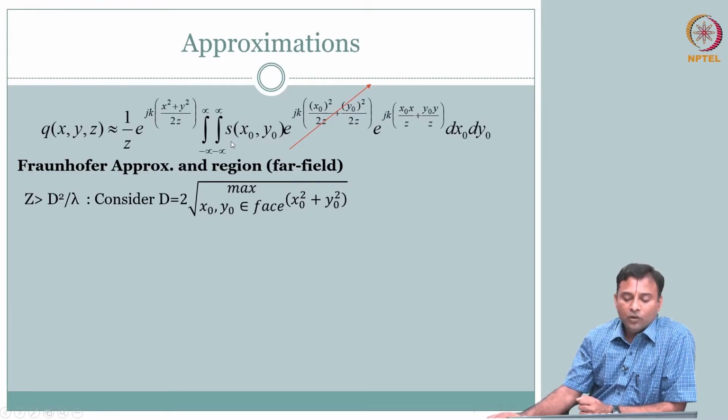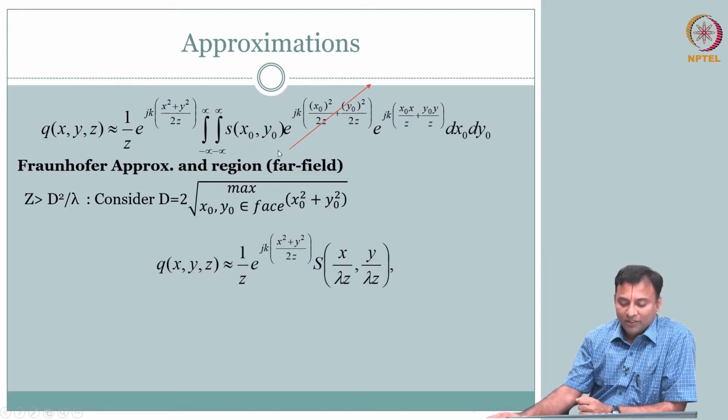What we have done is, f of x comma y, exponential of j 2 pi of ux plus vy, dx dy. What was that? Your Fourier transform, the 2D Fourier transform. So this is nothing but a 2D Fourier transform of this guy. Fantastic, right? So what you have here is 1 by z, this term times this whole thing, which is nothing but a Fourier transform.